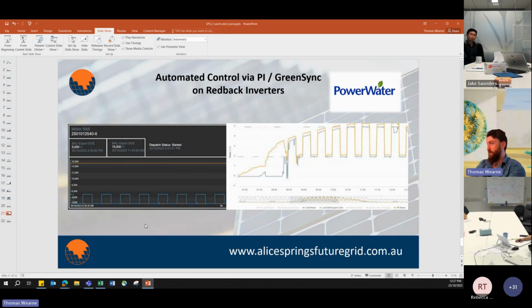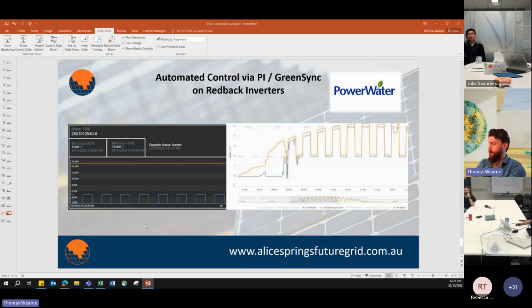And over on the right, we're seeing that being realized on the sites. So no human has to touch a button. The set points are generated based on the constraints that we feed it. And we use a solution called GreenSync, which interfaces with PI to deliver those set points directly to inverters. The other thing you can see on the screen is dispatch status started.